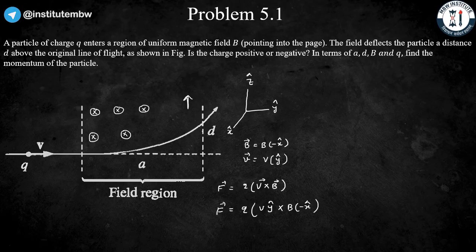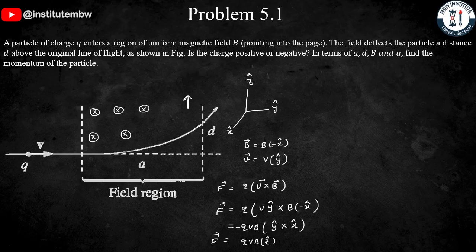So v and B will be out of the cross product, then qvB and the minus also will be out of the cross product. So F vector is equal to minus qvB y cross x. We know that y cross x will be minus z. So F vector is equal to qvB z cap.